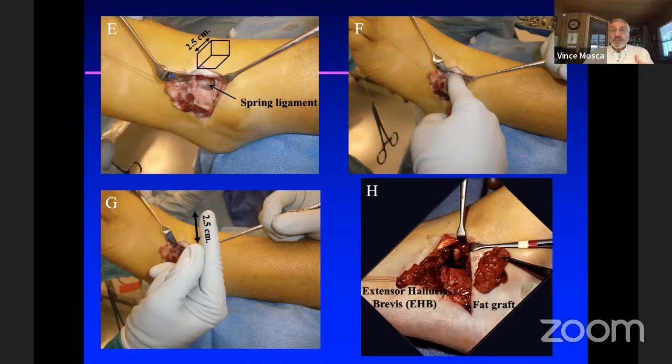Some people take it from the buttocks and insert it in there because you want to resect the coalition, and you want to make sure that the exposed cancellous bone in both bones doesn't say, oh, now I'm going to heal together. You want to prevent the two surfaces from seeing each other so they do not reform the coalition. Bone wax on the surfaces, fill with fat, and then put the extensor hallucis brevis back over the sinus tarsi where it began.